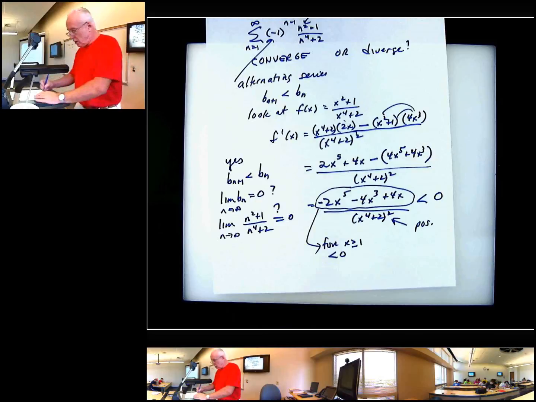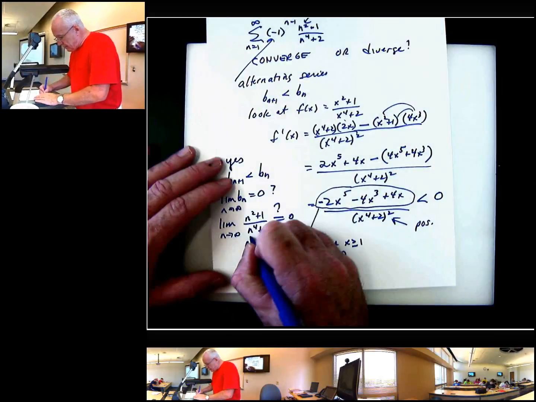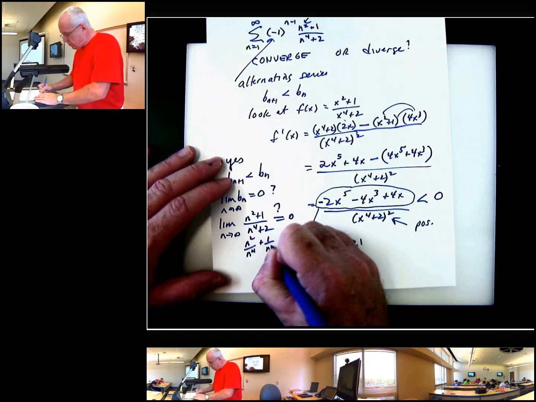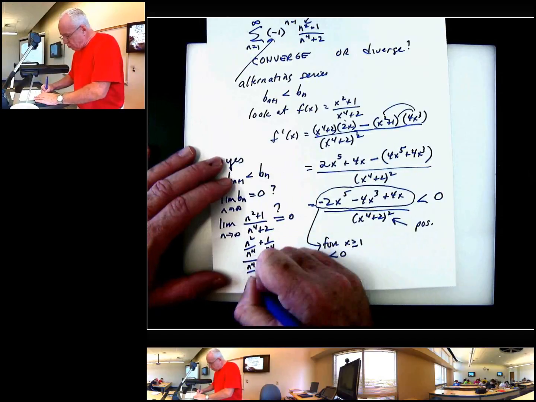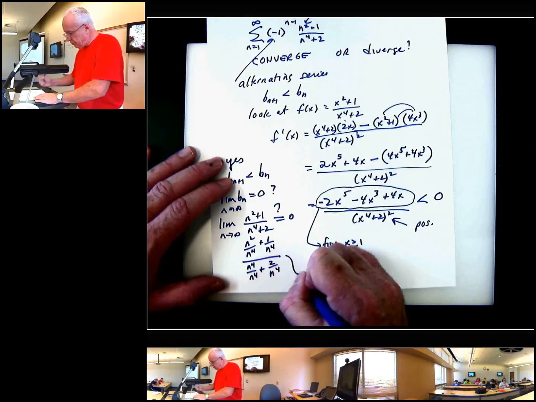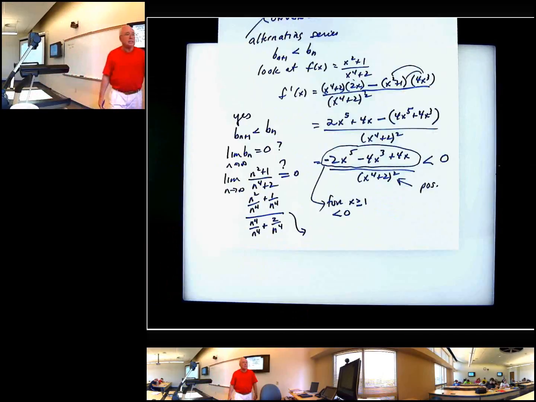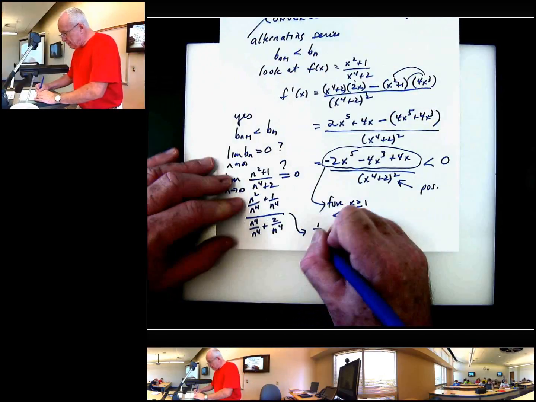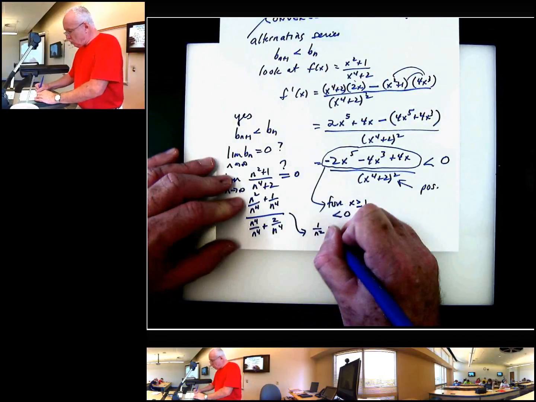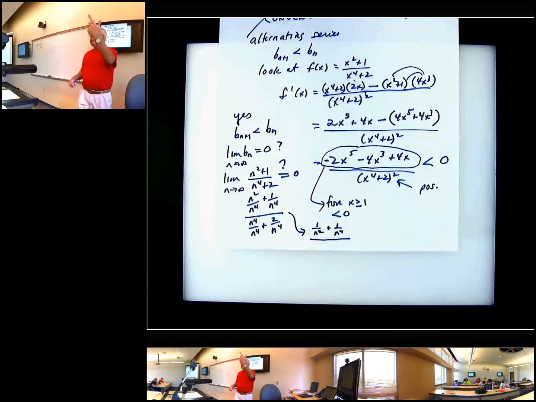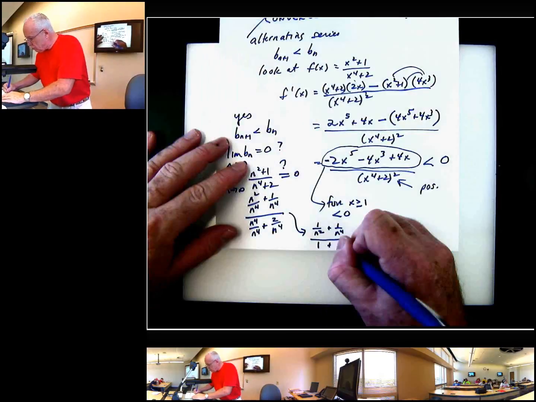So let's take n squared, divide that by n to the 4th. Let's take 1, divide that by n to the 4th. Then on the bottom, we have n to the 4th divided by n to the 4th, and then 2 divided by n to the 4th. Let's clean that up a little bit. n squared over n to the 4th is 1 over n squared, plus 1 over n to the 4th, all over, on the bottom, n to the 4th over itself is equal to 1, plus 2 over n to the 4th.